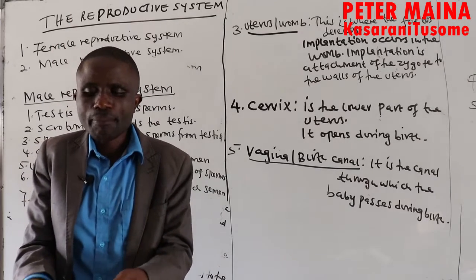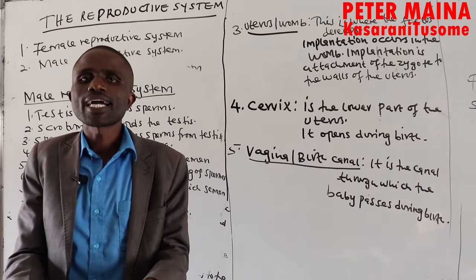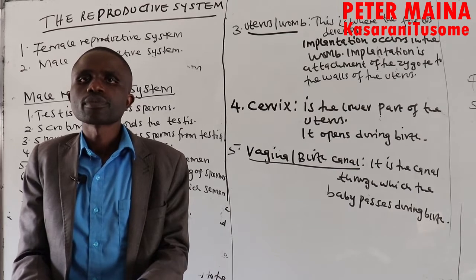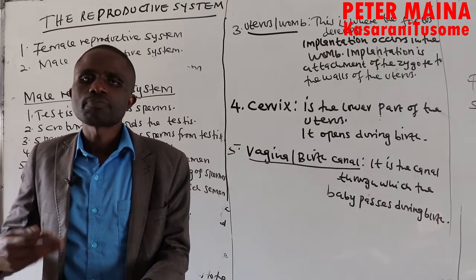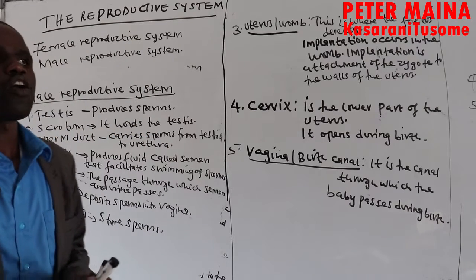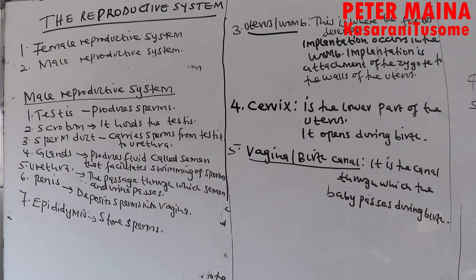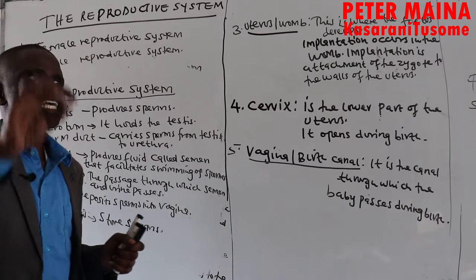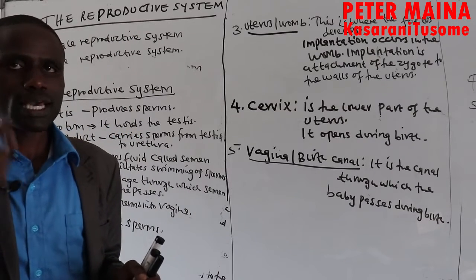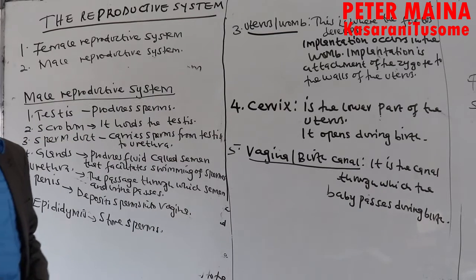There is a bag holding these testes, and that bag is called the scrotum. Once the sperms are produced, they move through the sperm duct. The next component is the glands, and the glands produce semen, and the semen enables the swimming of the sperms.